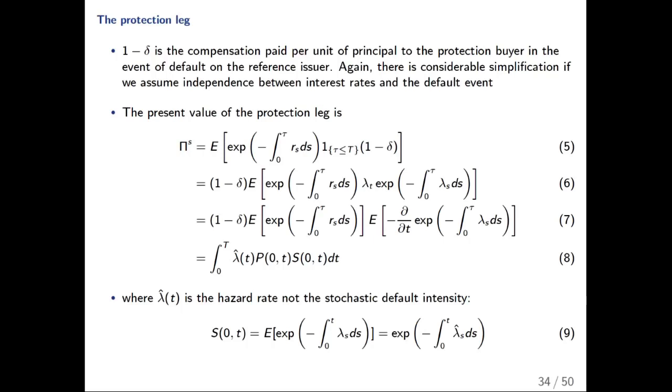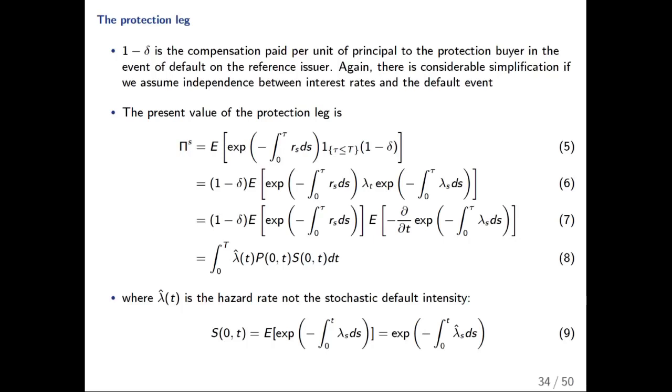So if this is no default, this would be lambda, let's say lambda and 1 minus lambda, or p and 1 minus p. So there's a probability of default p and a probability of no default 1 minus p.